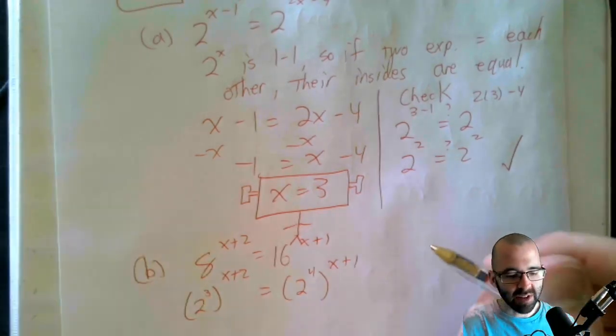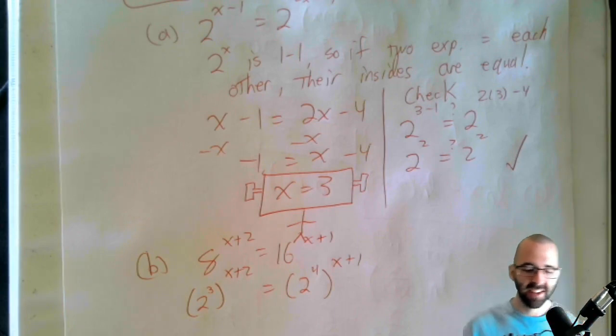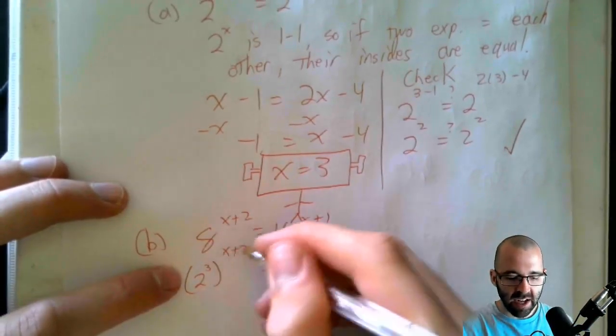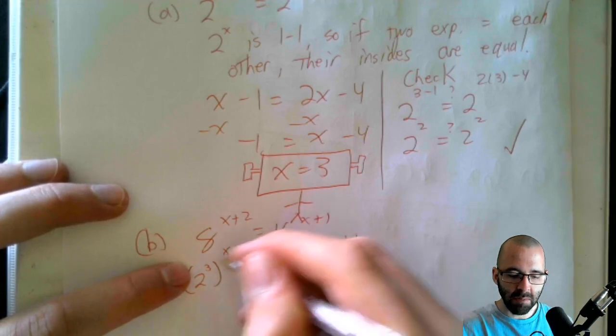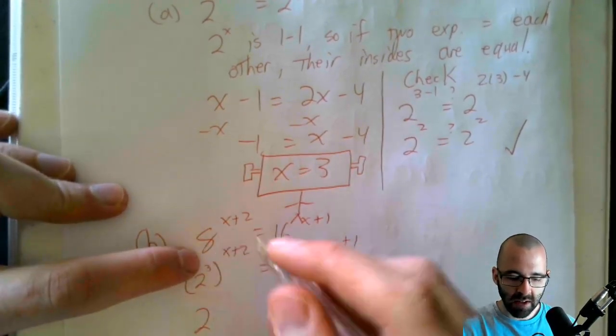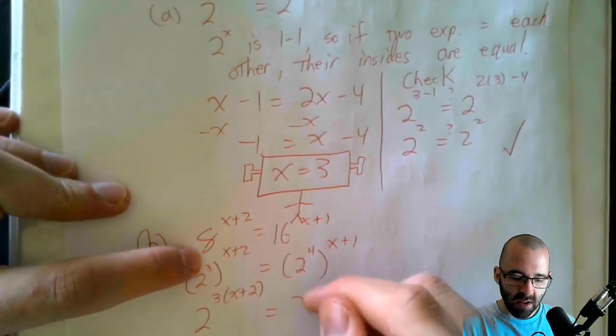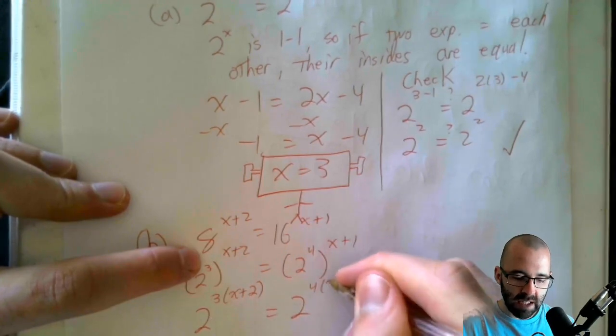If we simplify the exponents, we can do exactly what we did in part A, and we will be good to go. So exponents get multiplied by each other here. This is 2 to the 3 times x plus 2. This is 2 to the 4 times x plus 1.